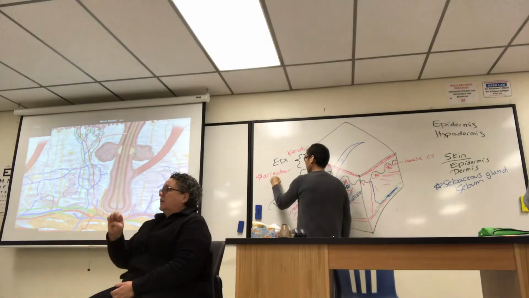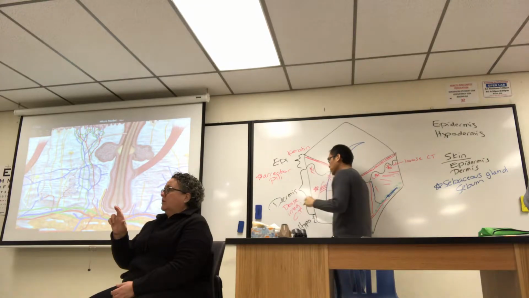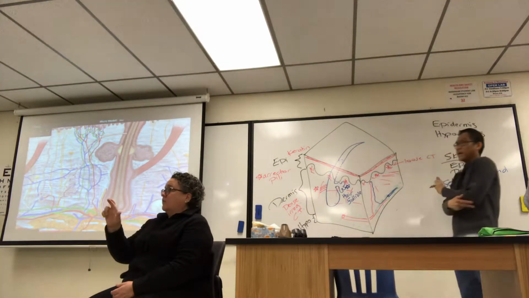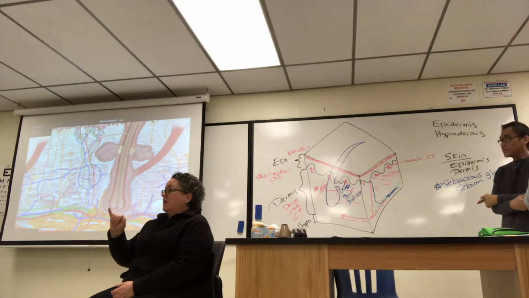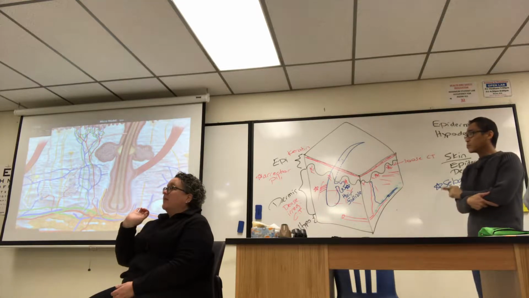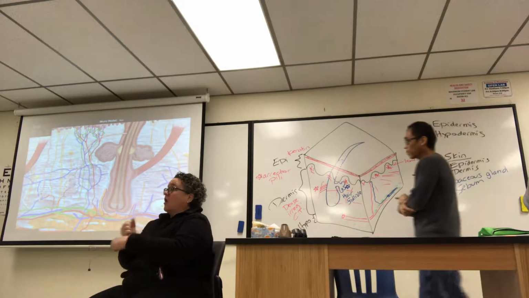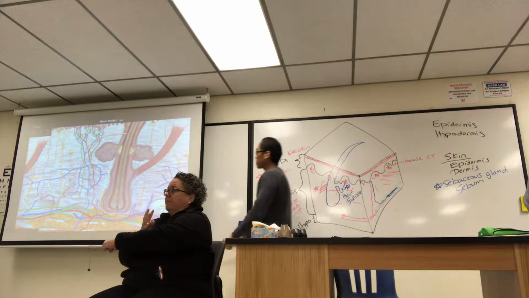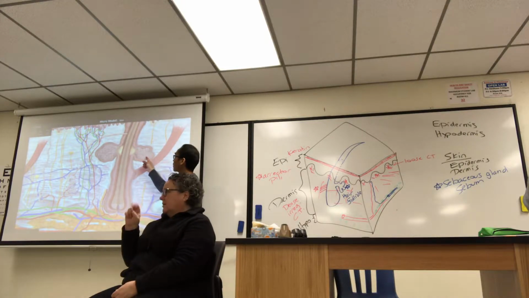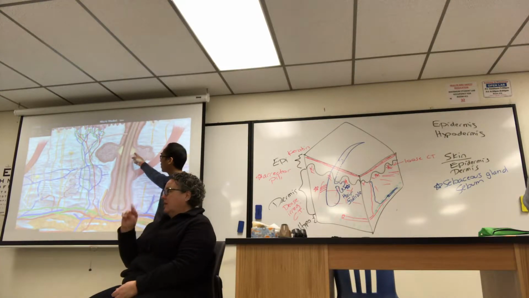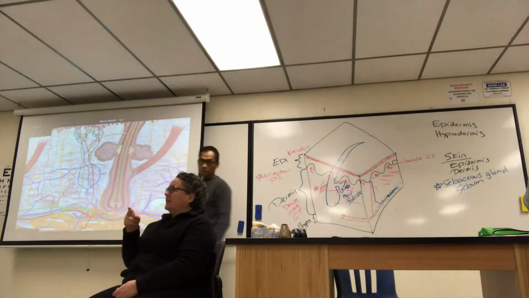Erector pili is the muscle that makes your hair stand on end when you get scared, like in a sympathetic response. So those are both associated with the hair follicle. The model shows it pretty good. Here's the sebaceous gland there. And there's sebum being secreted onto the shaft of the hair follicle, of the hair itself.